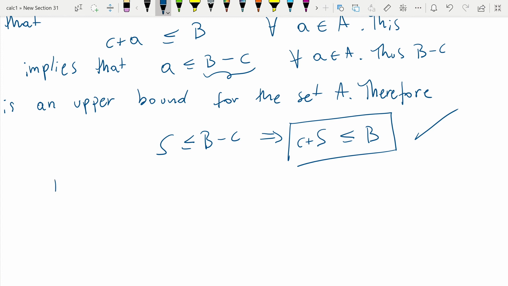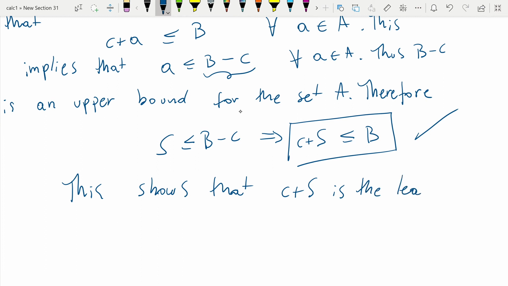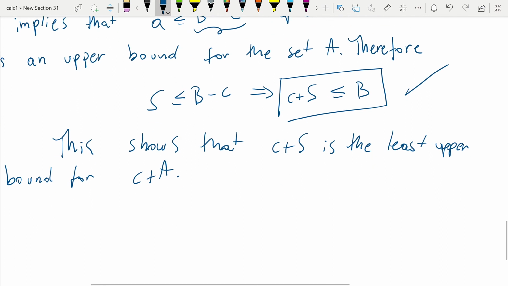So this shows that C plus S is the least upper bound for C plus A. We already showed that it's an upper bound.